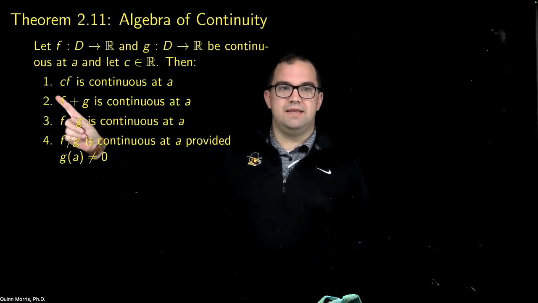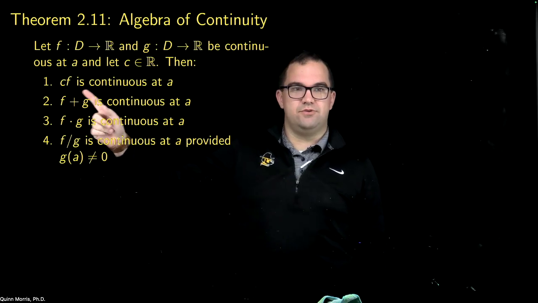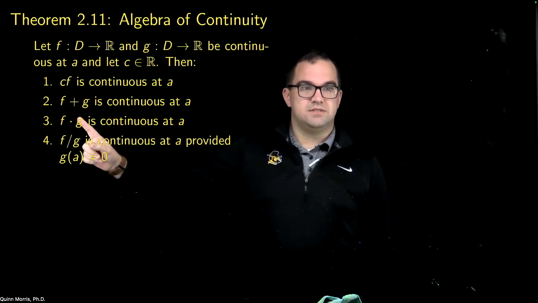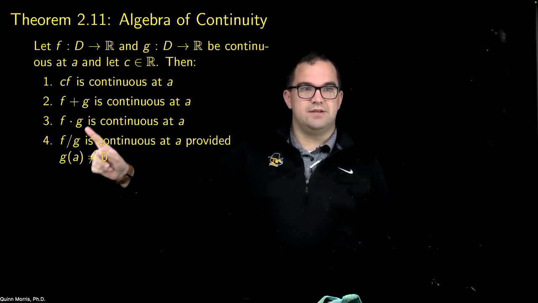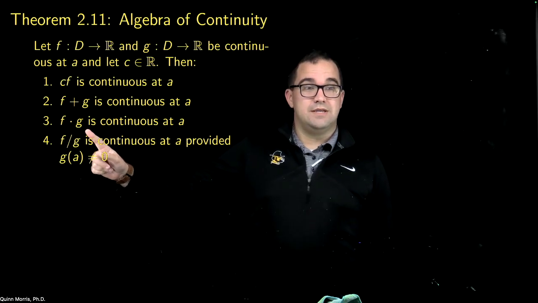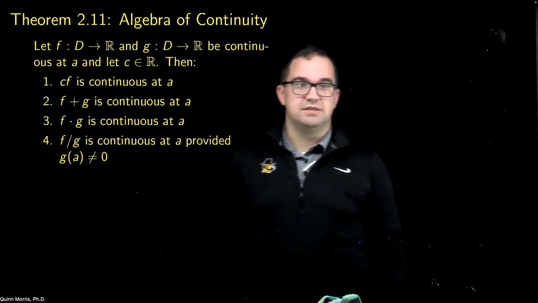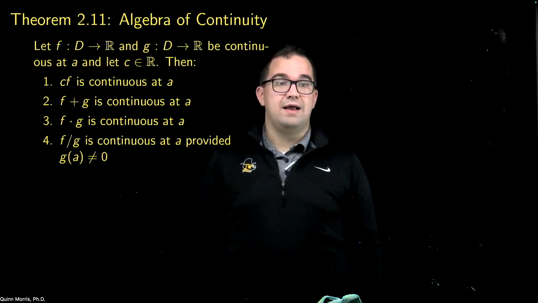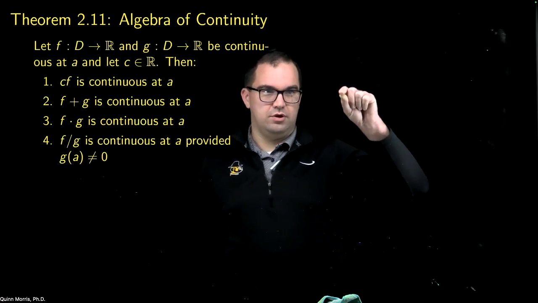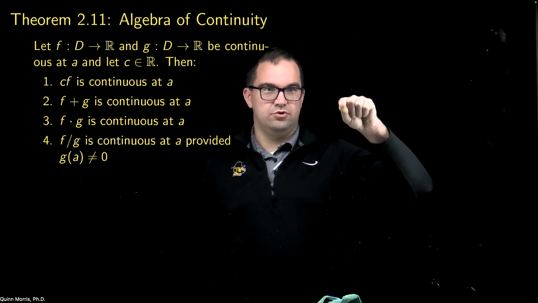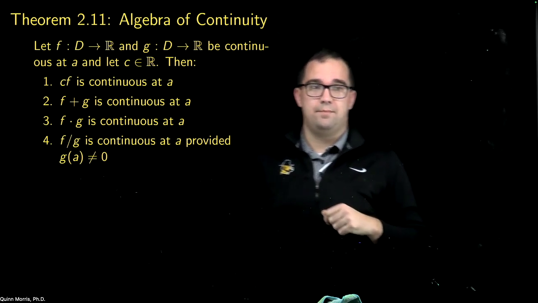Then any constant times that function is continuous. The sum of two continuous functions is continuous. The product of two continuous functions is continuous, and the quotient of two continuous functions is continuous, provided that at the point you're looking at continuity, your denominator function is not zero at that point.